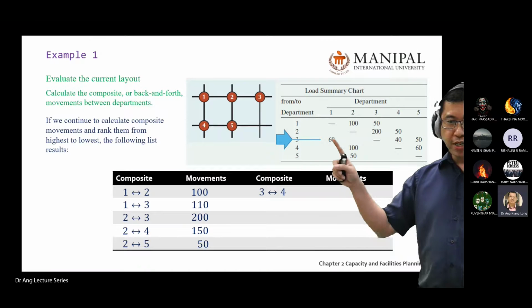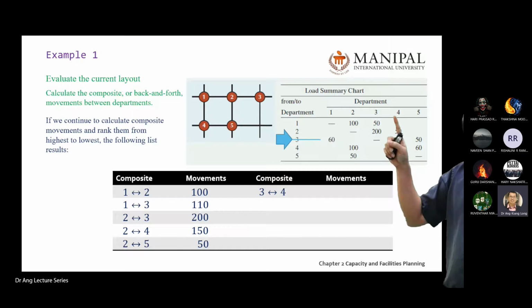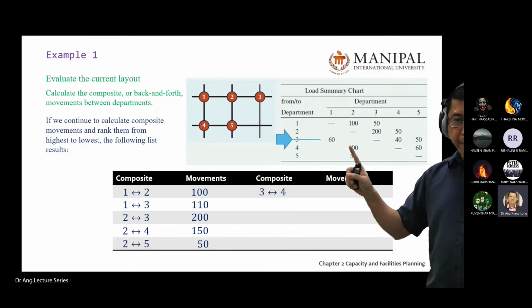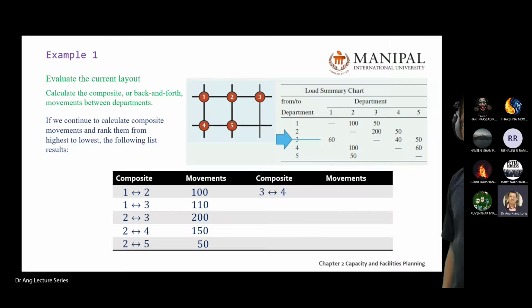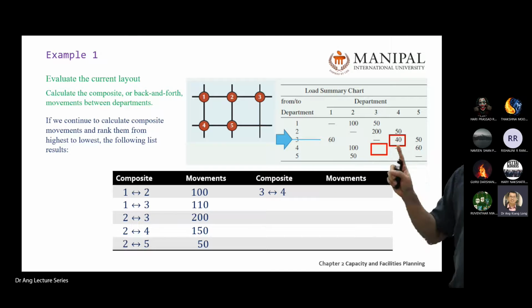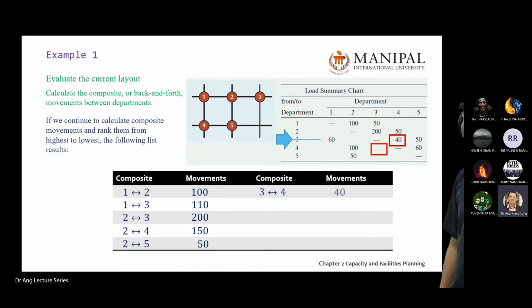So 3 to 4, you get one number, and 4 back to 3, 0, you have one number there. So you have 3 to 4th station. From 4th station back to 3, 0. 40 plus 0 gets 40.